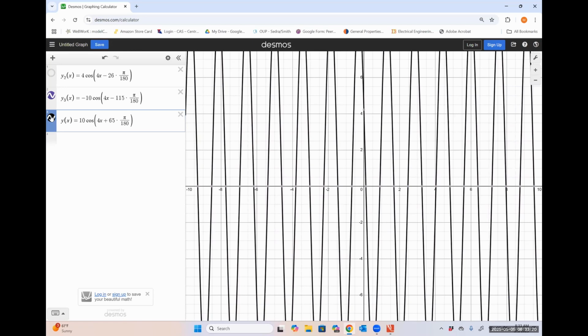For what it's worth, subtracting 180 would be the same thing, right? So negative 115 minus 180 would be negative 295, right? So I could change this positive 65 to minus 295, and they overlap each other as well. So it literally does not matter if we choose to add or subtract 180 degrees.